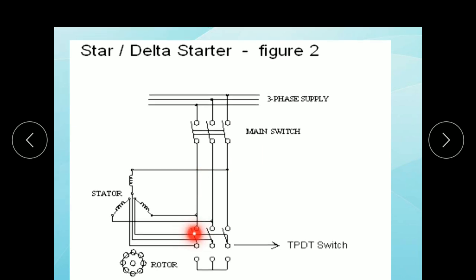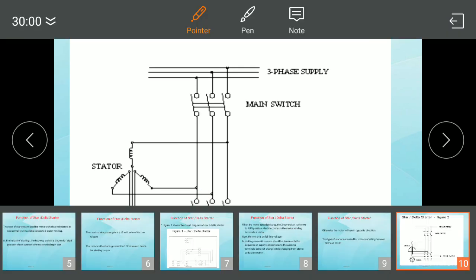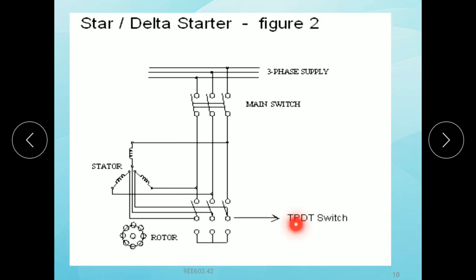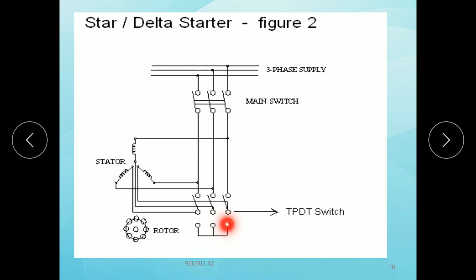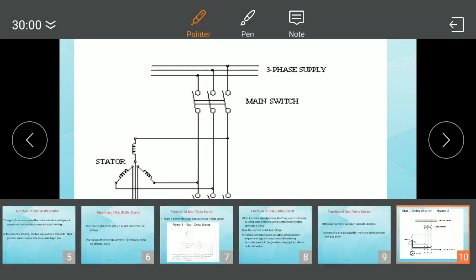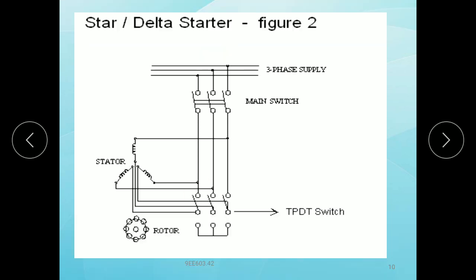Here this is the TPDT, triple pole double throw. This switch will convert from, at first it is star connection, after that it is delta connection.